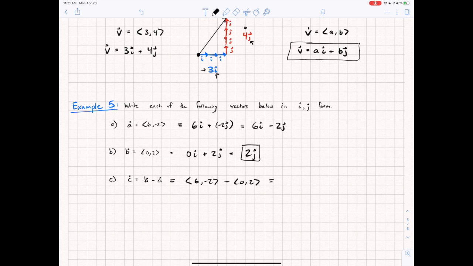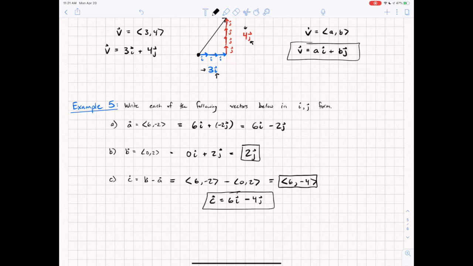In other words, it's always about components. And the truth of the matter is that's correct. This would be 6 minus 0, or 6, and -2 minus 2, which is -4. So C's component form is 6, -4. We're going to talk about this in the following video. And therefore, I can write the ij form for C, which would be 6i minus 4j.